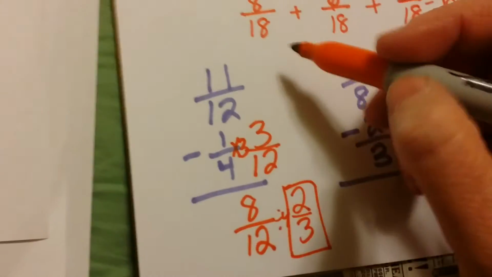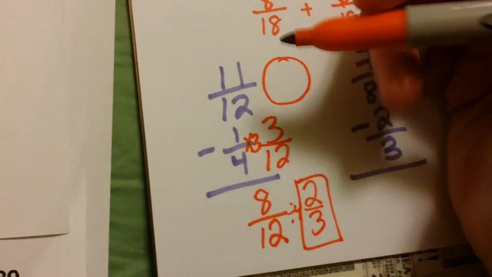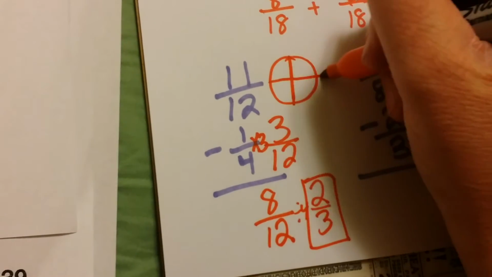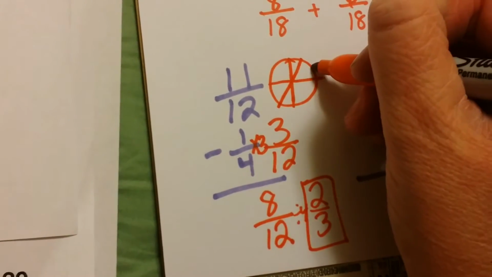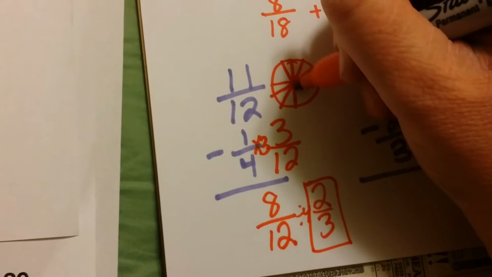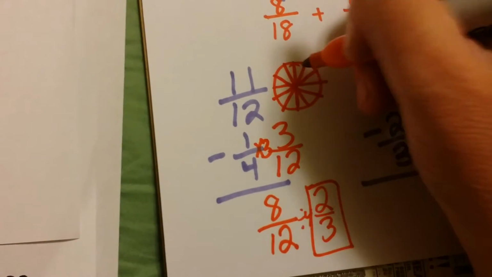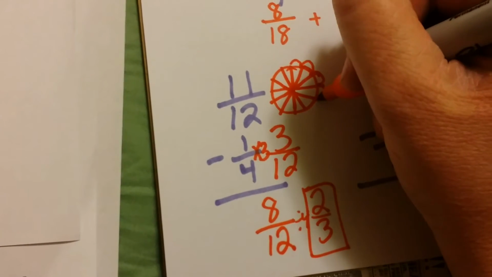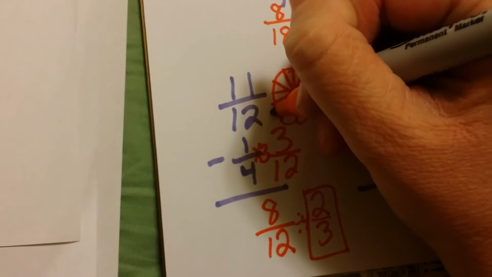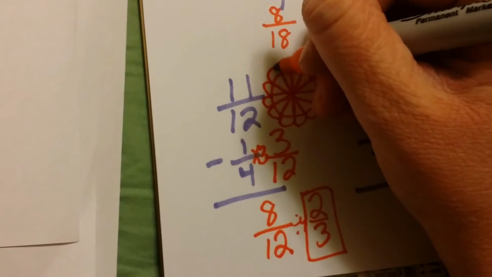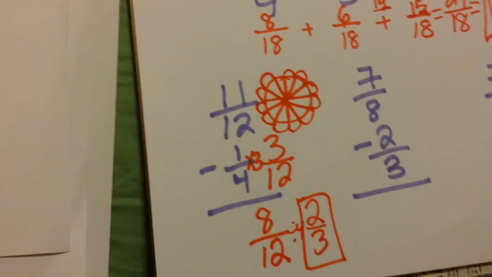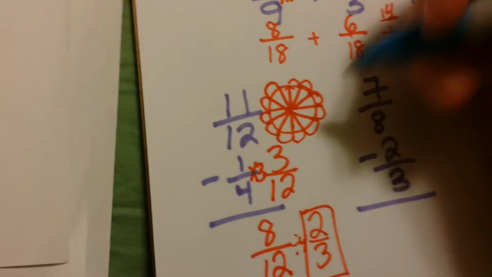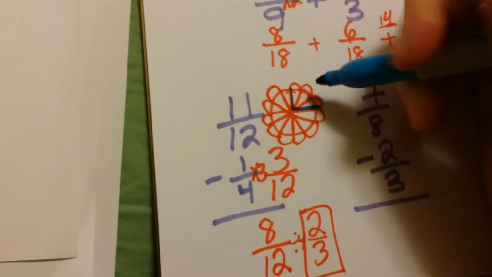If you have 11 twelfths of a pizza, okay, 11 twelfths. 1, 2, 3, 4, 5, 6, 7, 8, 9, 10, 11 twelfths of a pizza. And you take away 1/4 of that, which would be this right here, right?